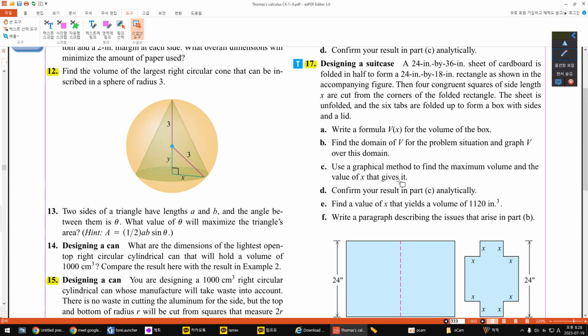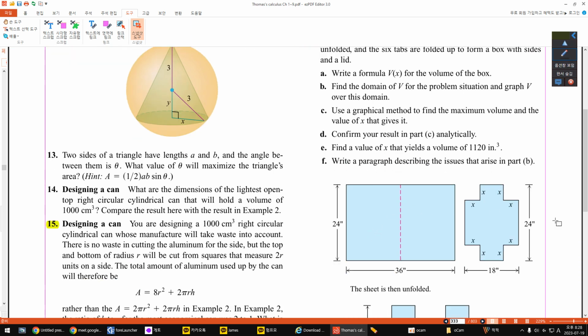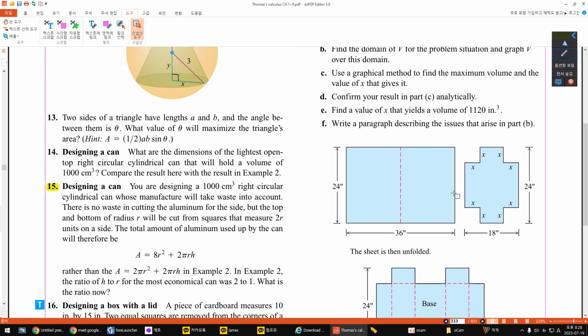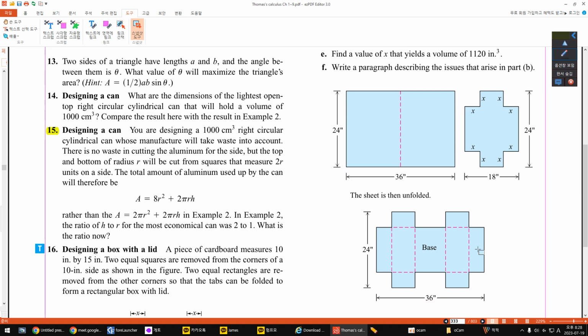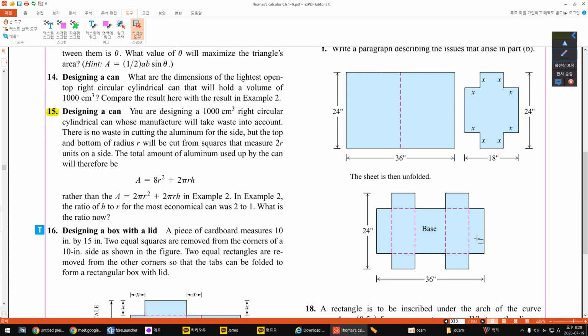And let's think of making this suitcase. After folding this paper, make these margins, and then when you open the paper, we will have this net, and the central rectangle is the base. And when you fold, the box shape will be made.